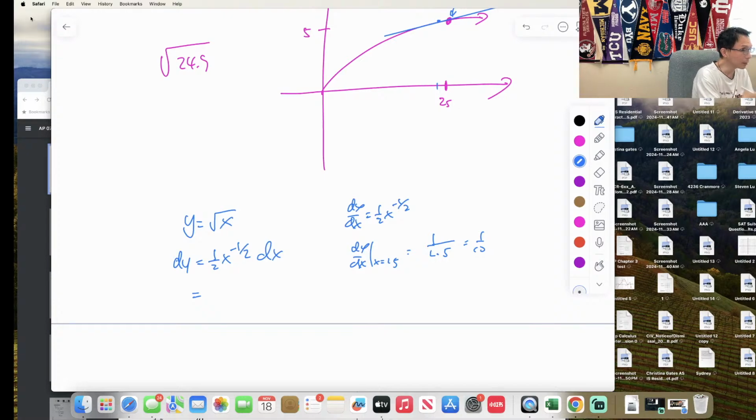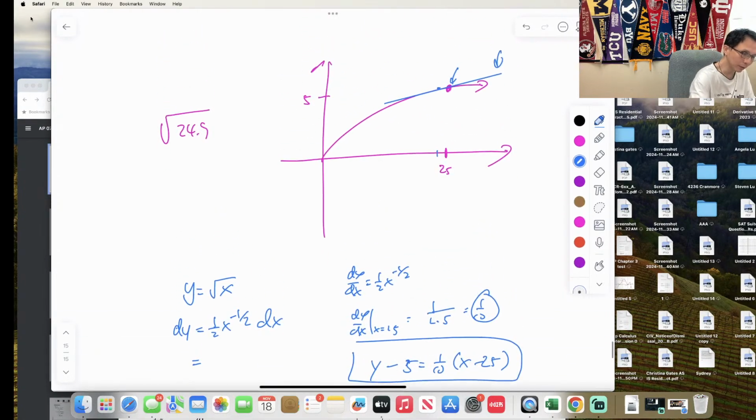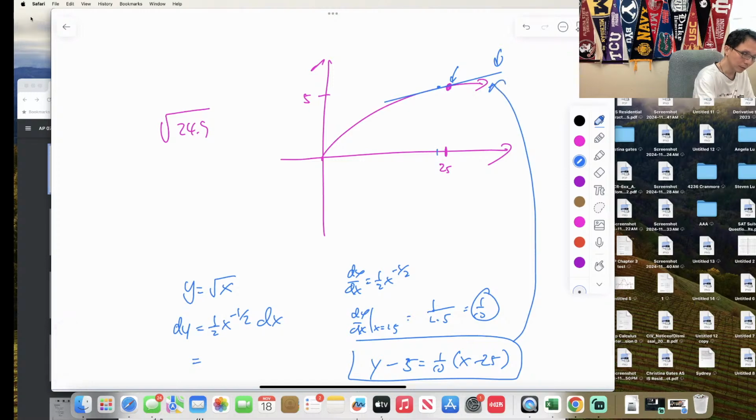Aiden, is that okay? So this is the slope, right? So can I use the equation of the tangent line? y minus 5 equals 1/10 times x minus 25, thank you. So this is a tangent line. I find this blue line, right? So don't worry about this part.